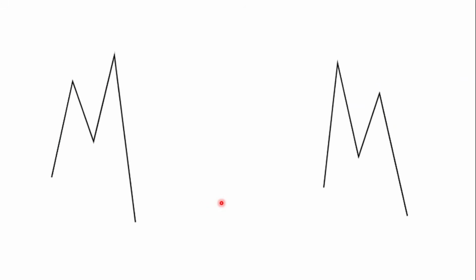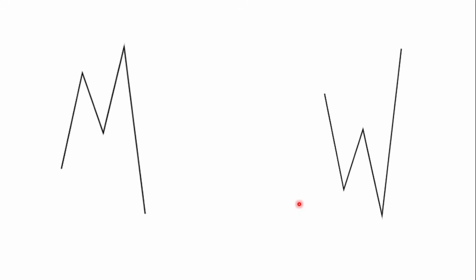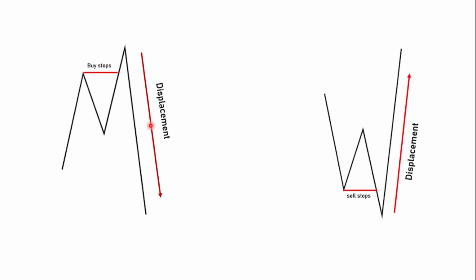So we actually have two reversal patterns, the stop hunt and the failure swing, but for this we're going to primarily focus on the stop hunt. For us to understand what a shift is, we have to have a run on stops, on buy stops or sell stops for a bearish shift, and then displacement opposing that run.